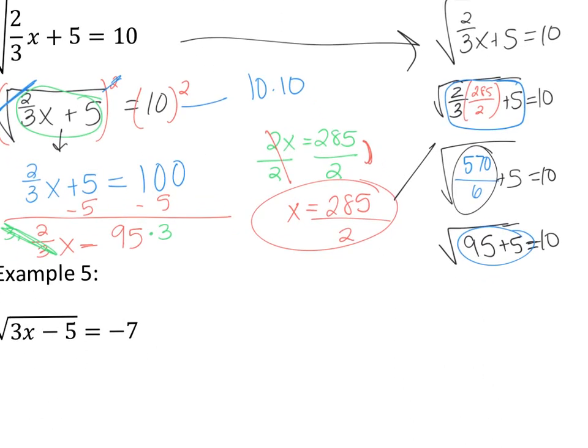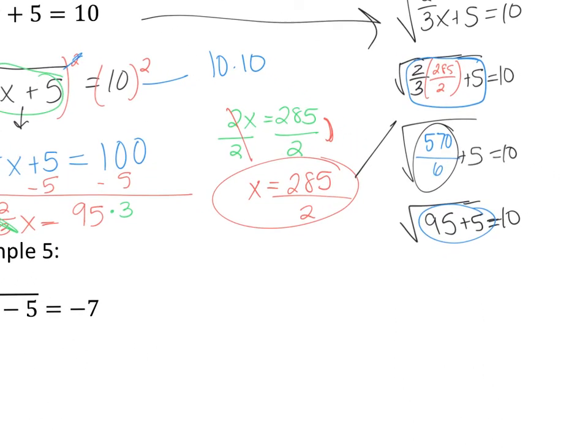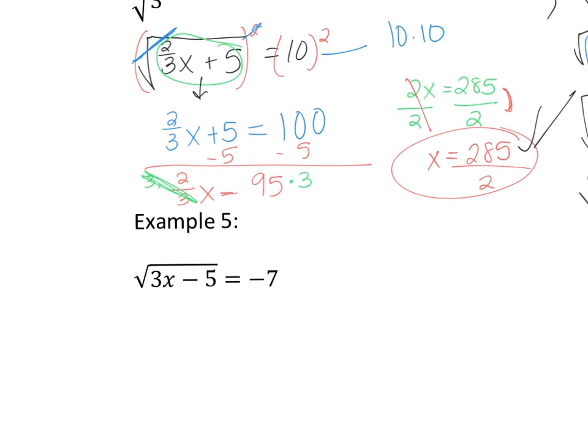And we know that 95 plus 5 is 100. Now this checks out because the square root of 100 is 10, and 10 equals 10. So this x is correct. So that's how you would do one with a fraction.